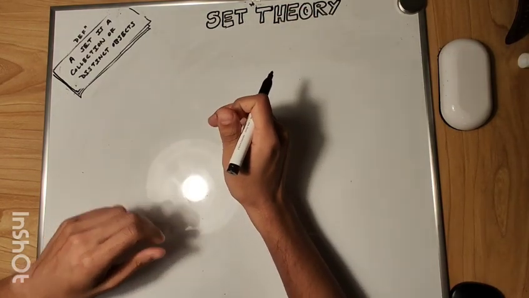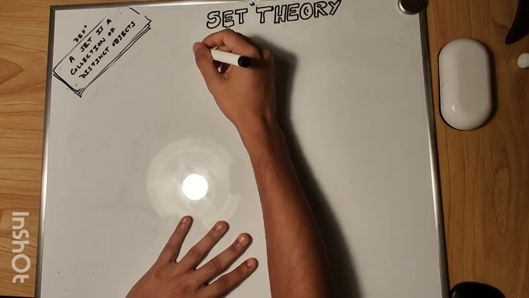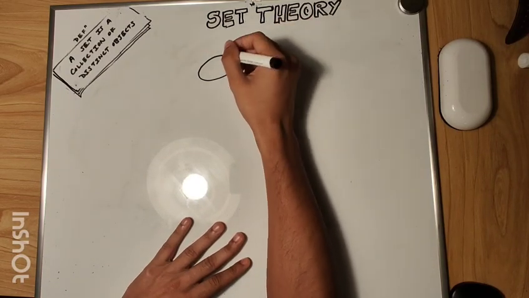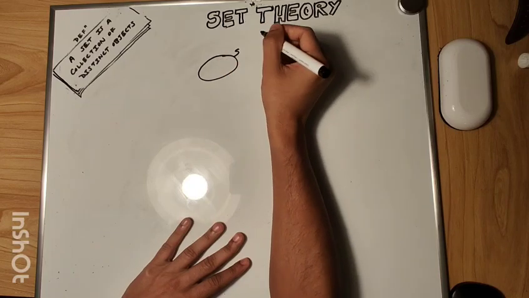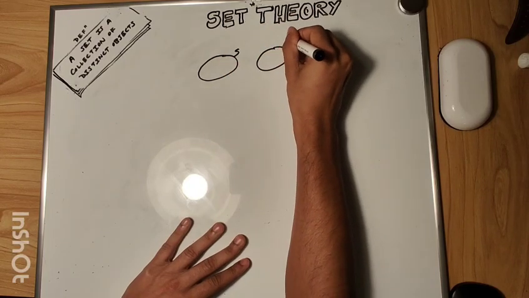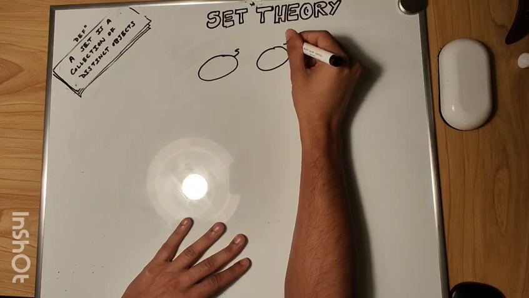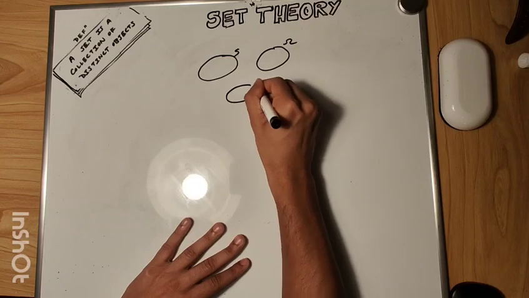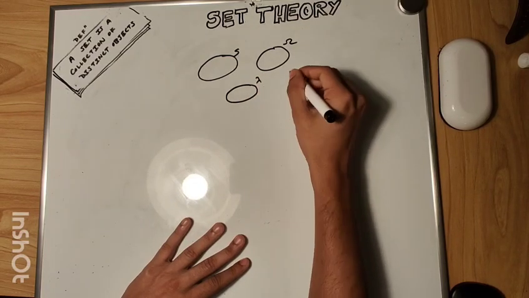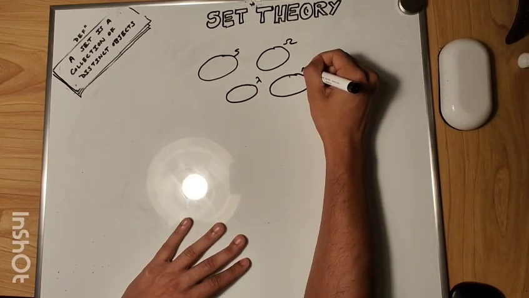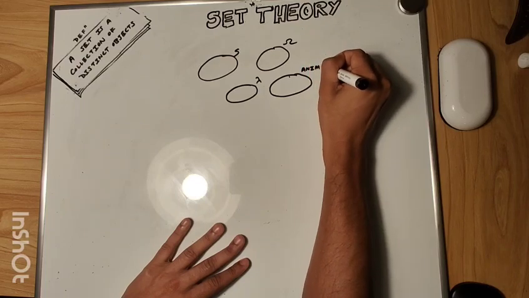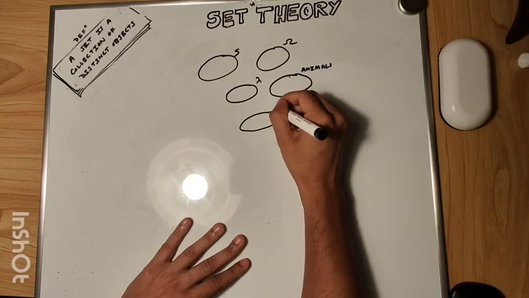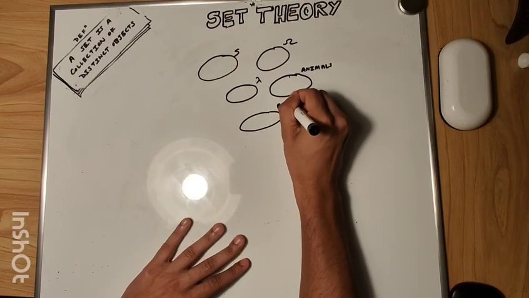For the purposes of illustration in this video and probably all the videos that I make after this, a set would be represented by an ellipse or a circle with a name like S, or Omega, maybe Lambda, or my personal favorite, names like animals, I mean nouns like animals, or something like rivers.